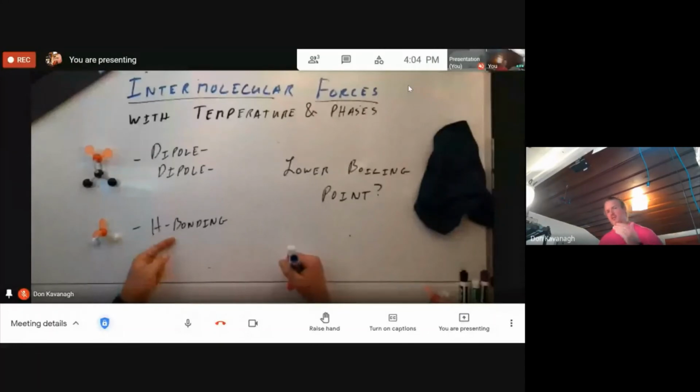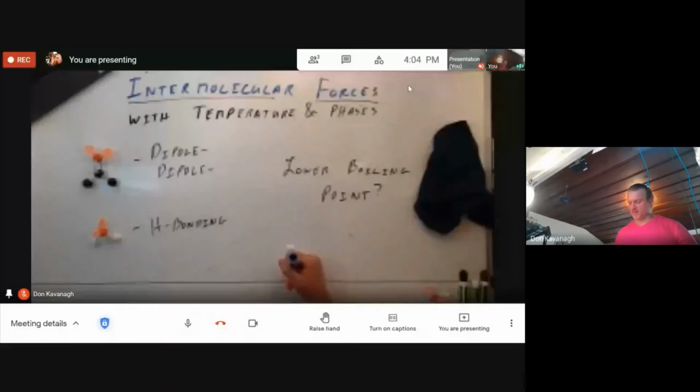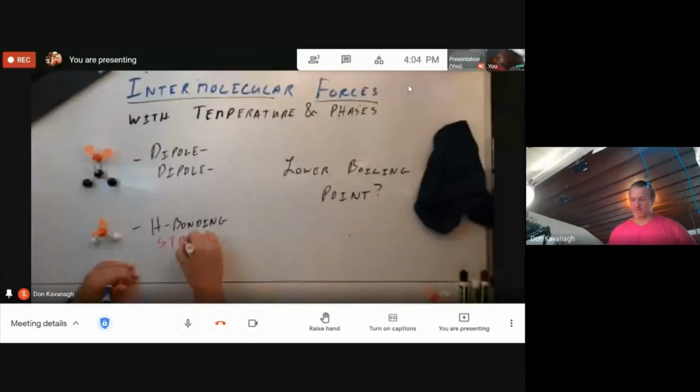And you should be able to rank these by increasing to decreasing strength here. Hydrogen bonding is the stronger IMF. Then dipole-dipole. Dipole-dipole is the weaker of these two.